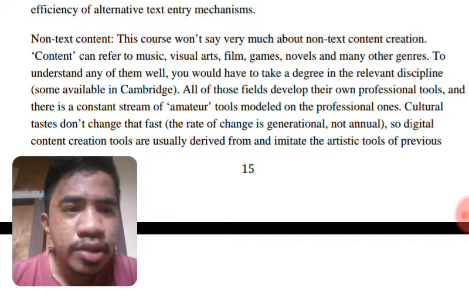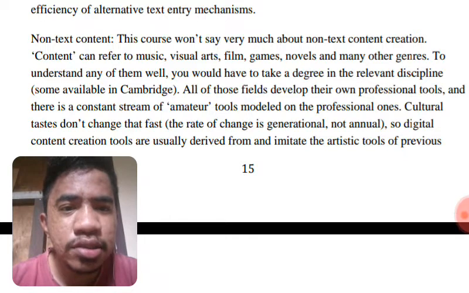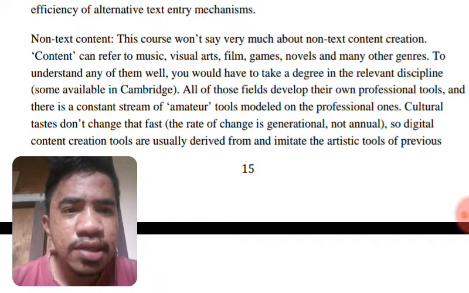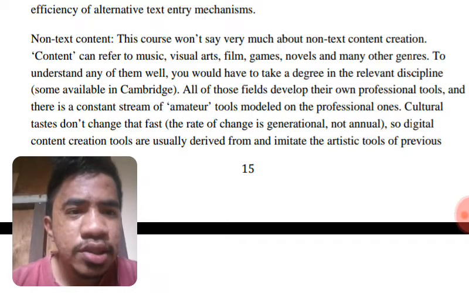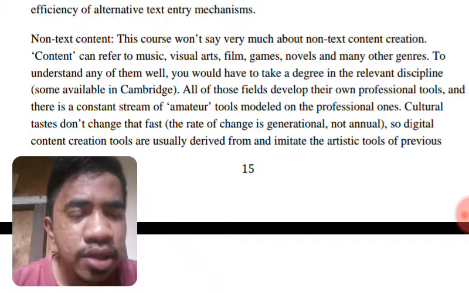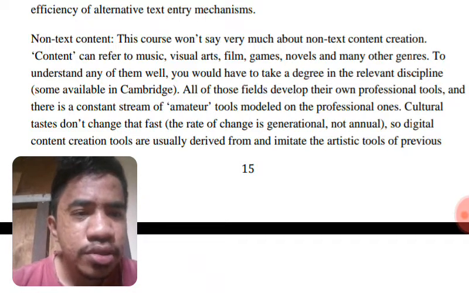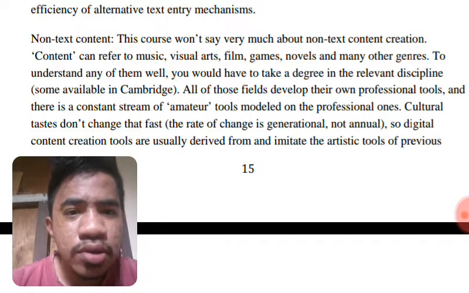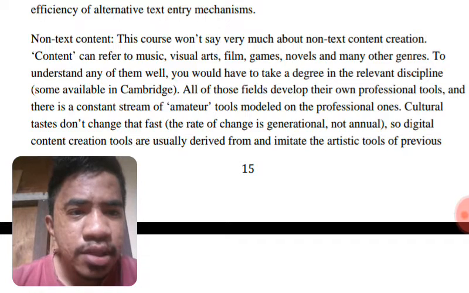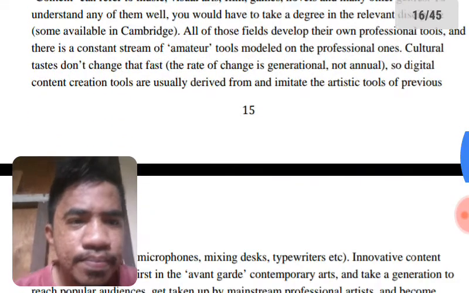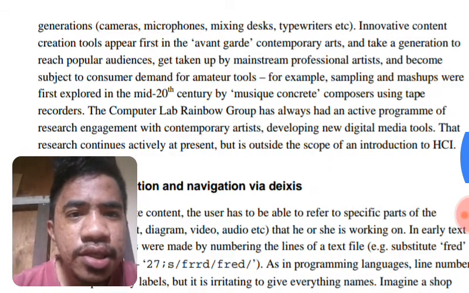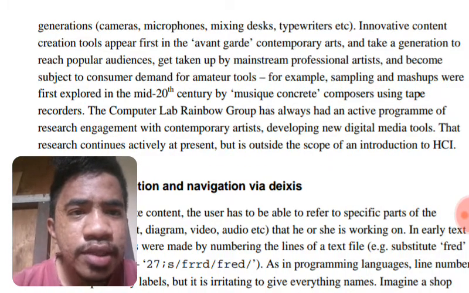Cultural tastes don't change that fast. The rate of change is generational, not annual. So digital content creation tools are usually different from the immediate artistic tools of previous use: cameras, microphones, mixing decks, typewriters.